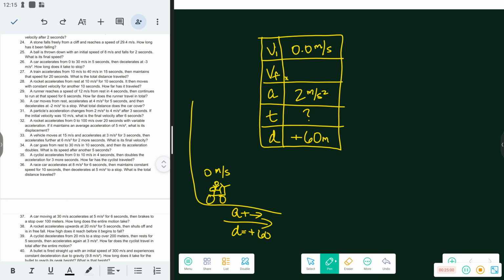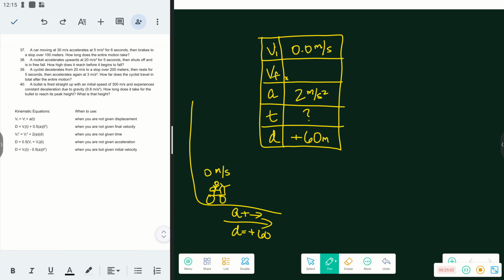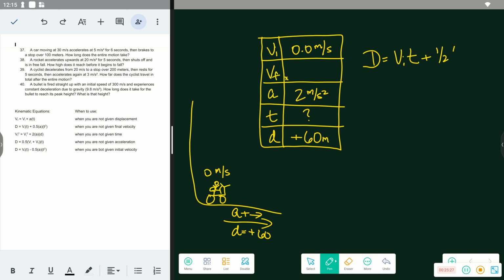All right, so you are not given final velocity, so what do you need to solve for? Time. So which one are you going to use? The second one. So it's D equals VIT plus 1/2 of A T squared.